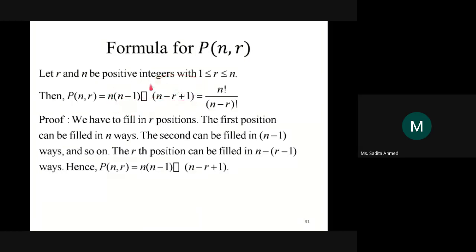This is what we would get. The rest of the factors in the product in n factorial would get cancelled out because of (n minus r) factorial. So this is what we get: n multiplied by n minus 1 multiplied by n minus 2 and so on until n minus r plus 1, based on this formula. Is that clear?